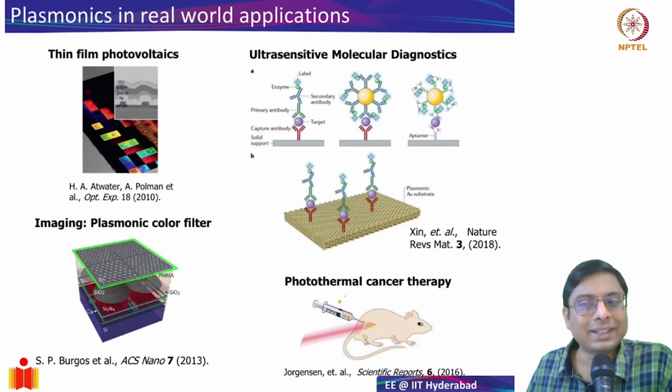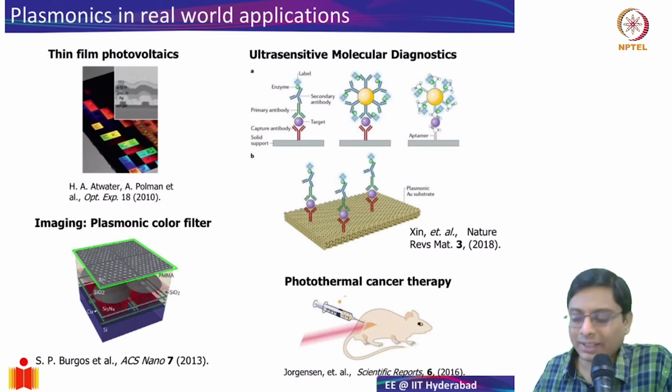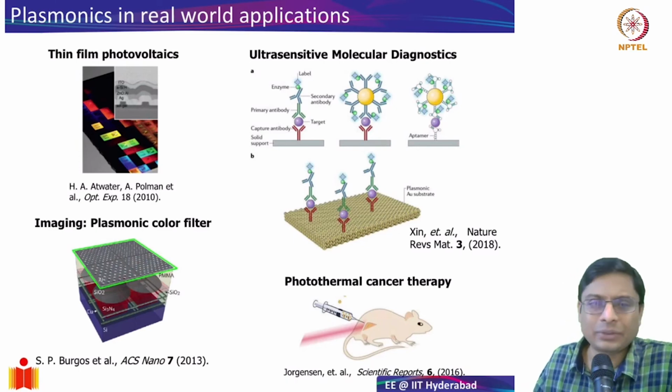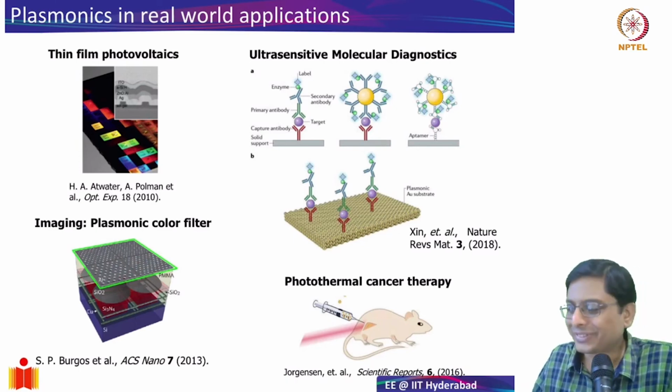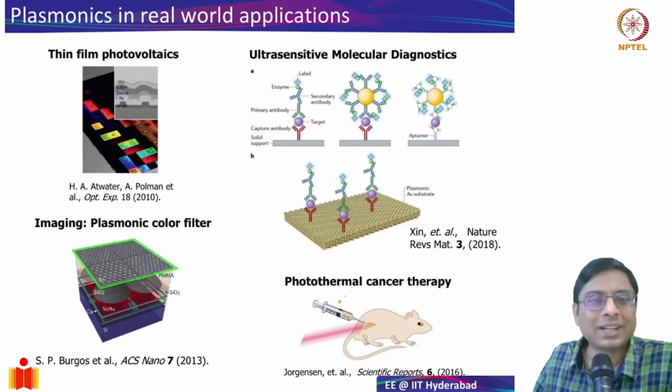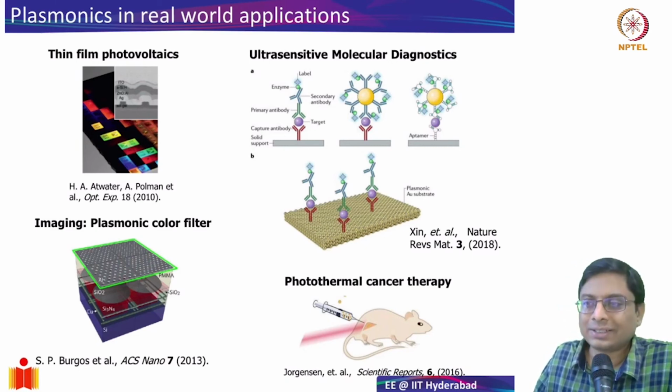Okay, another example that's very interesting is in what is known as molecular diagnostics. So we have all this PCR, ELISA, and so on. I don't really know the details of those things, but essentially techniques that will help you detect the presence of a particular antibody, right? Let's say RT-PCR: PCR is polymerase chain reaction, RT is reverse transcriptase or something like that.